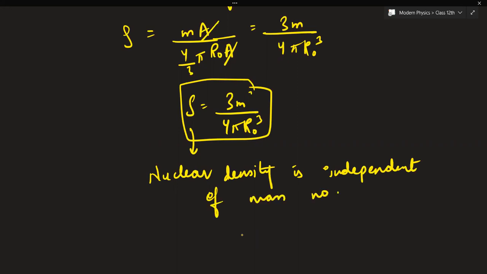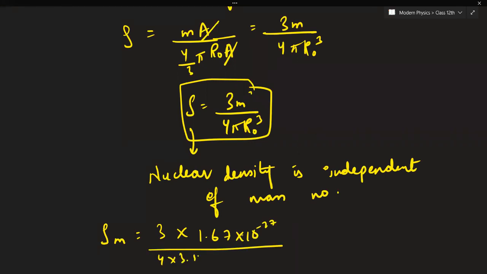This comes to prove it. You just have to remember the final value. For the sake of calculation, just write 3 into 1.67 into 10 to the power minus 27, divided by 4 pi, that is 3.14, into R cube, that is 1.2 into 10 to the power minus 15 whole cube. Do not solve this anywhere.